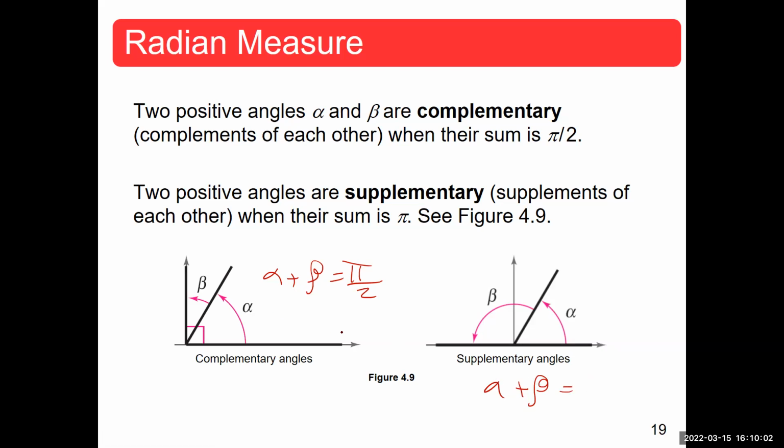If we're talking in pi right now, it's pi or 180 degrees, or 90 degrees. So adding those two angles, pi over 2 or 90 degrees for complementary; for supplementary, you add them up and it's pi or 180 degrees.